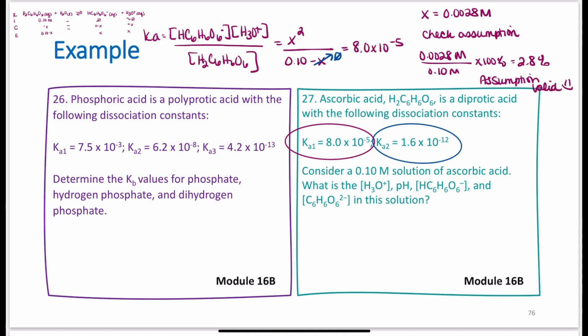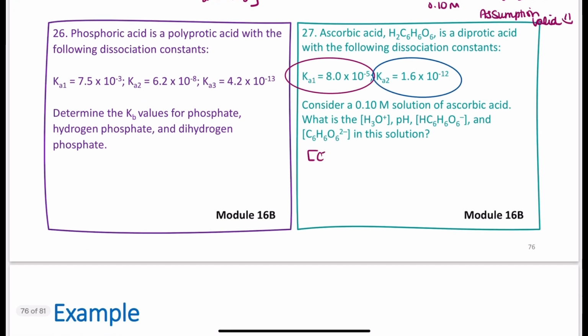That makes my life easier, since I don't have to do the quadratic formula. But that means I'm starting my next RICE chart, because I do need a second one, because I have a second dissociation, with a starting concentration of HC6H6O6 minus. I'm going to write these down here.